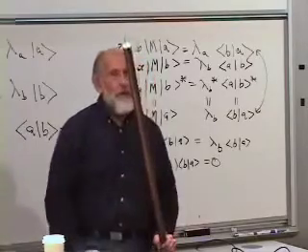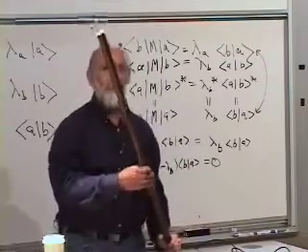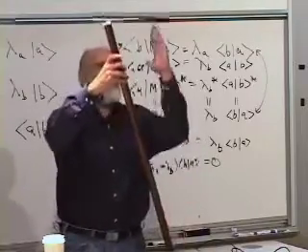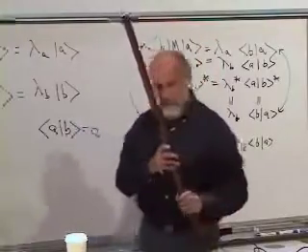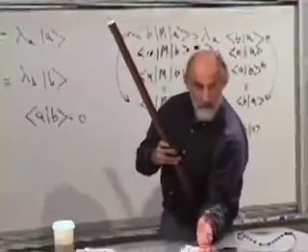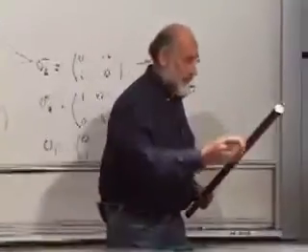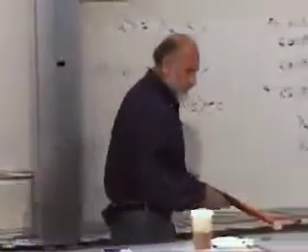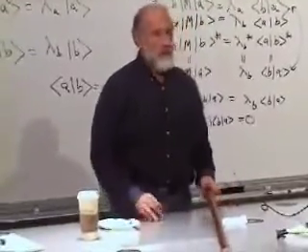All right? As such, it has components. It has a component in the vertical axis. For example, this vector has a component over here in the vertical direction. It has a component in the horizontal direction over here and a component over here in the other horizontal direction. And those components characterize the pointer. They are measurable quantities for a magnet.